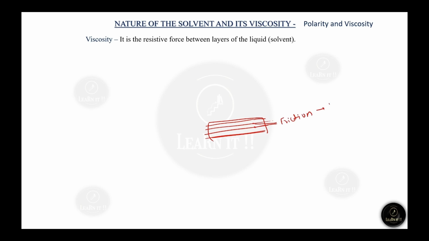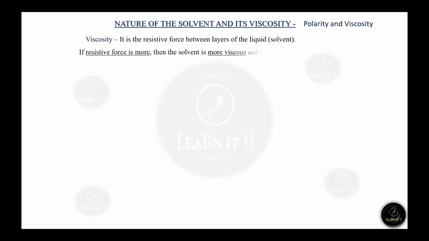This friction is called viscosity. So if this friction is more, then viscosity is more. If friction is less, then viscosity is less.